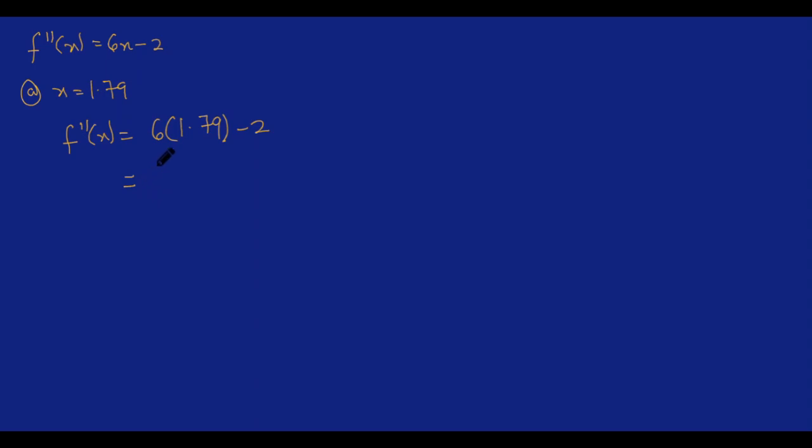So this is going to give us 8.74, which is greater than 0. Therefore, x is equal to 1.79 is a minimum point.